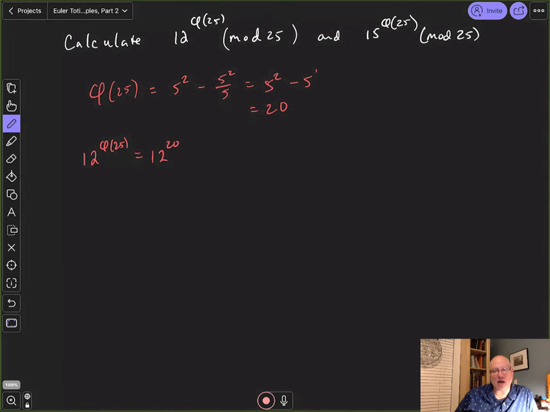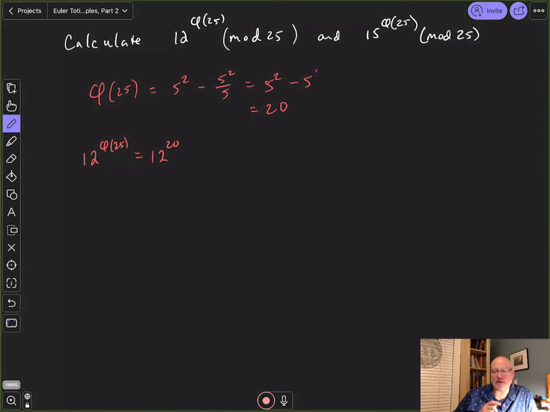And what is that in mod 25? Do we really want to multiply that out? That's going to take a little bit of time to find out what 12 to the 20th is. One thing you don't want to do is pull out your graphing calculator, your calculator on your phone, or even things like Desmos.